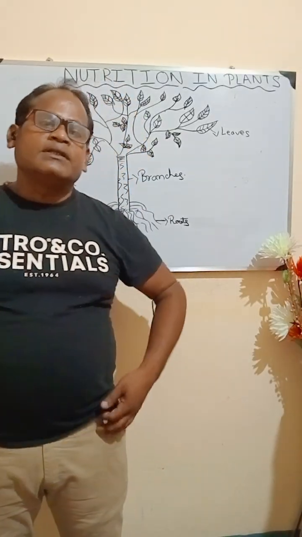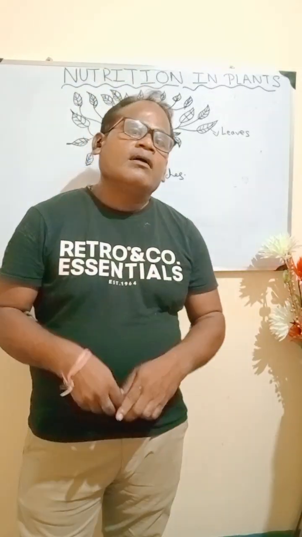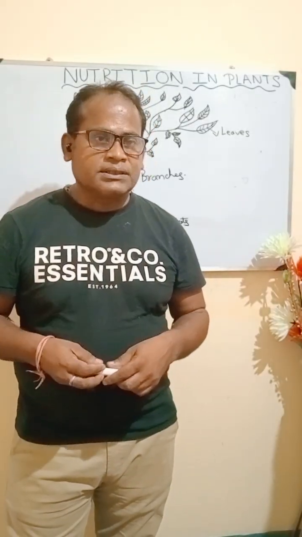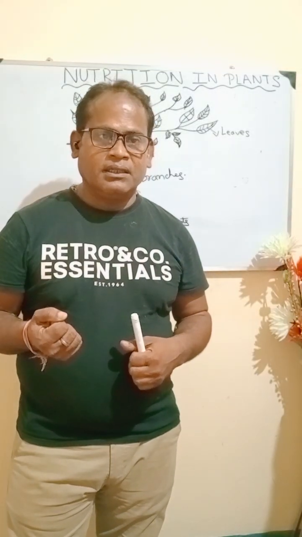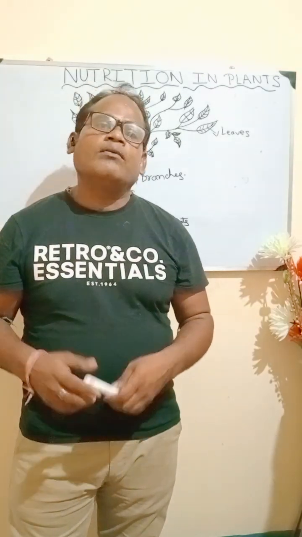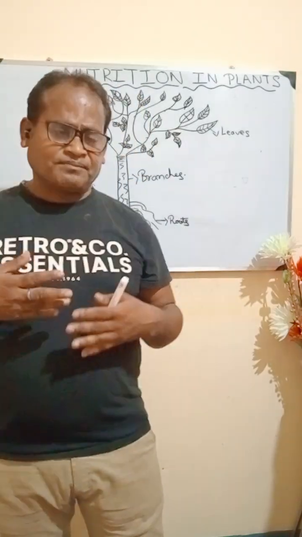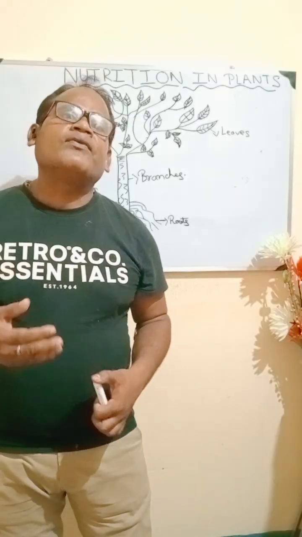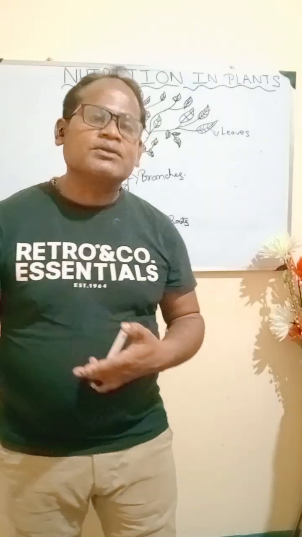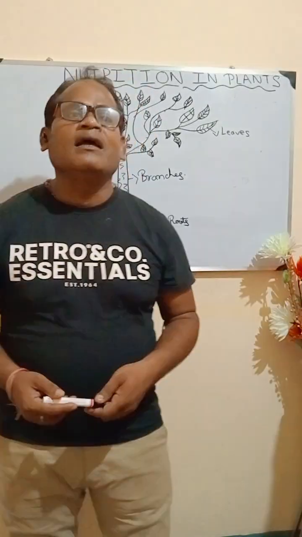Define nutrition. Actually, nutrition is a process of obtaining food and its utilization in the body. Clear? Why does a plant need food? For growth and development. Even the living organisms also need food for growth and development.